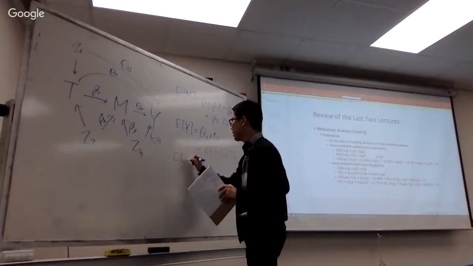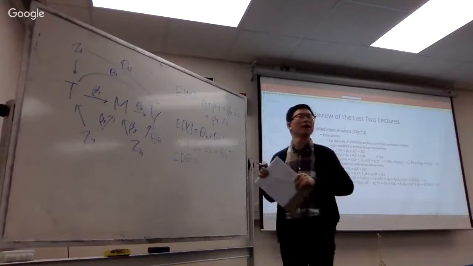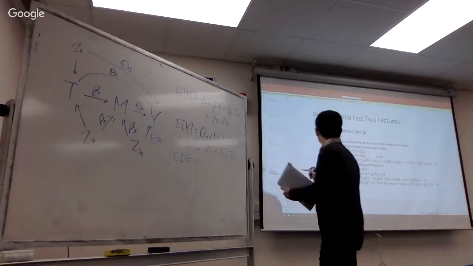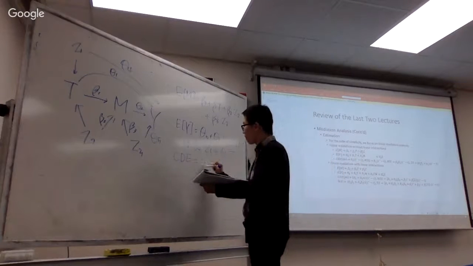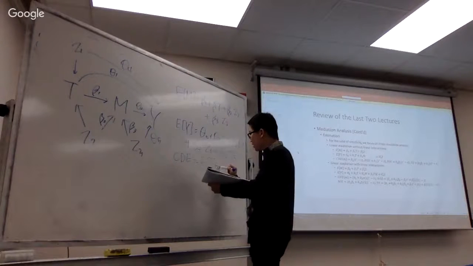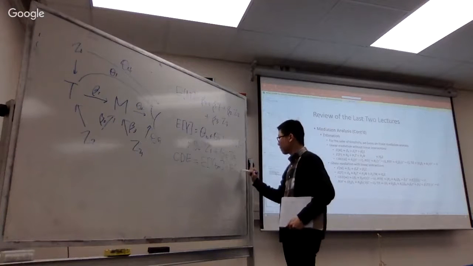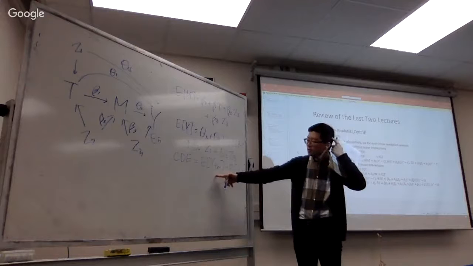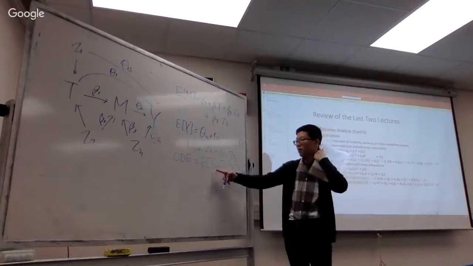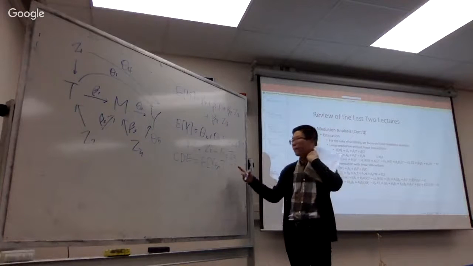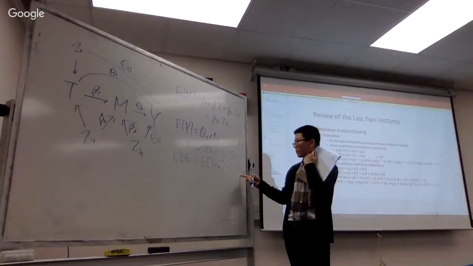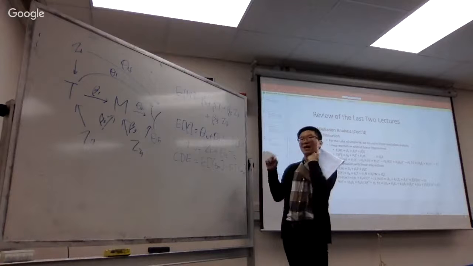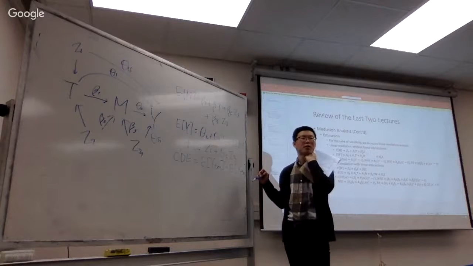The CDE would be, if you plug in the definition of CDE, the definition is basically the expected potential outcome of Y when T is t and M is m, minus the expected potential outcome of Y when T is t asterisk and M is m, smaller again.